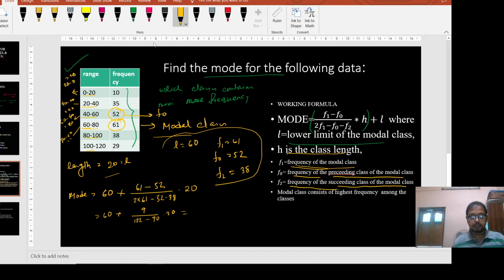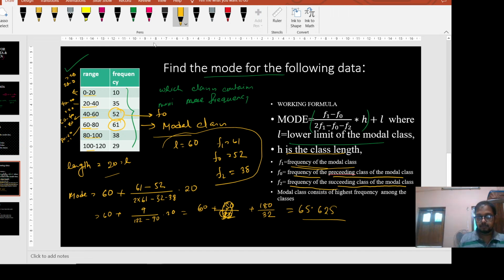If we calculate, we get 60 plus 180 divided by 38. Sorry, 60 plus 180 divided by 32, and if we simplify it we will get the result 65.625. So this is the required mode.